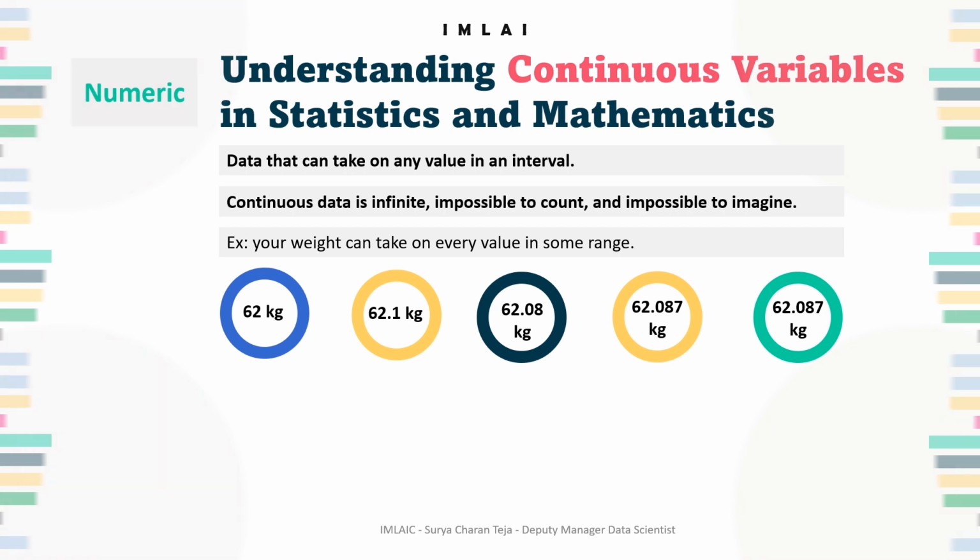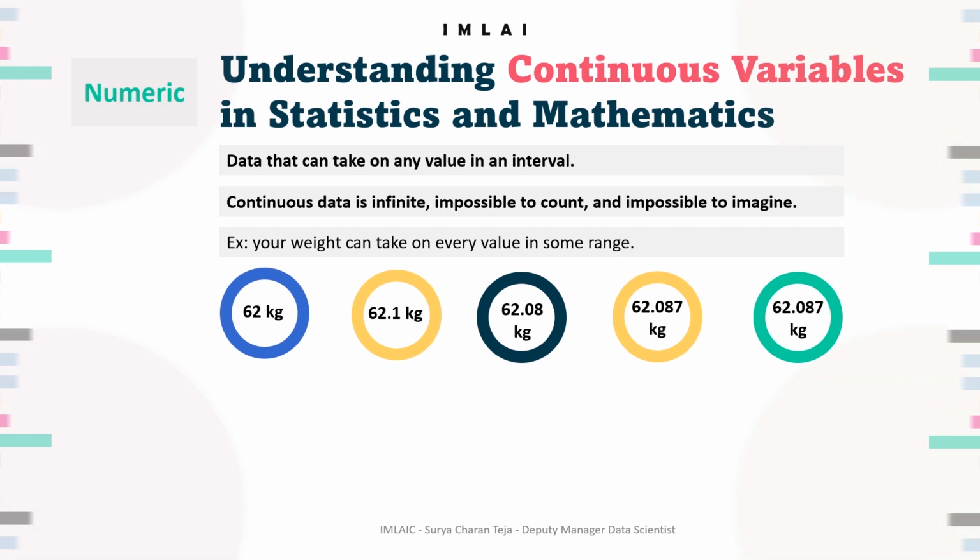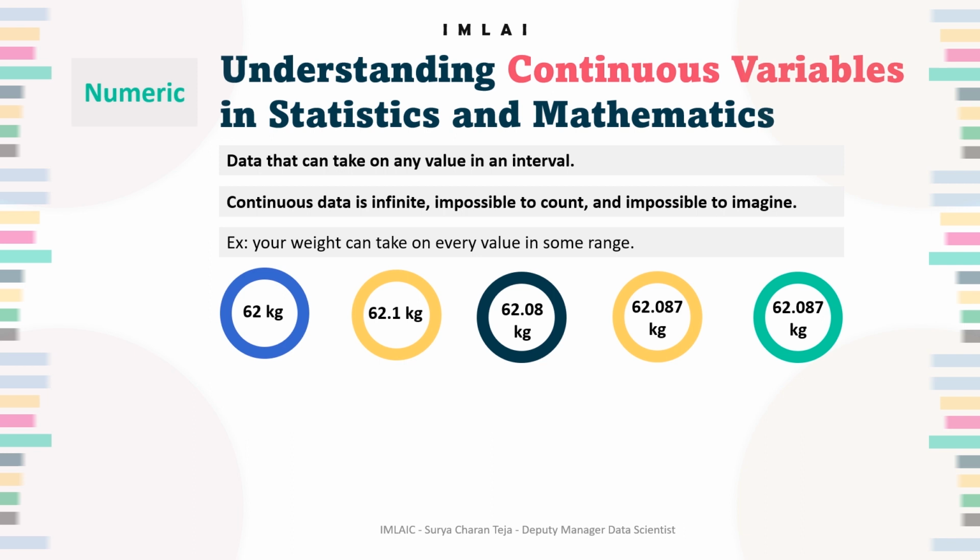Okay, your weight is constant, but the value displayed by the measuring tool is changing. So this is one example where if any variable is said to be continuous, it can have any value in that specific interval.